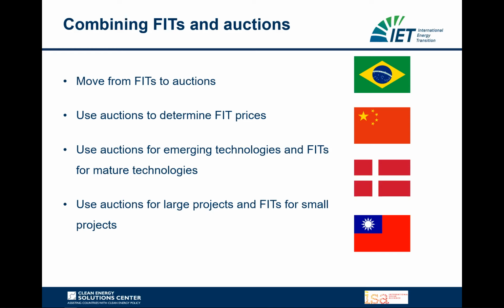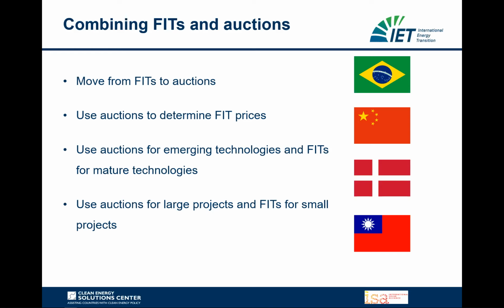There's also the case where countries are using auctions for emerging technologies and feed-in tariffs for more mature technologies, which is also linked to the data availability, because for emerging technologies, for instance, floating solar PV, there's very little cost data available currently.